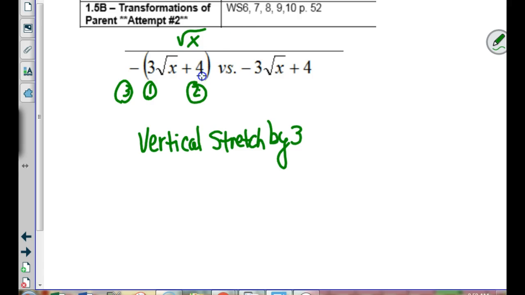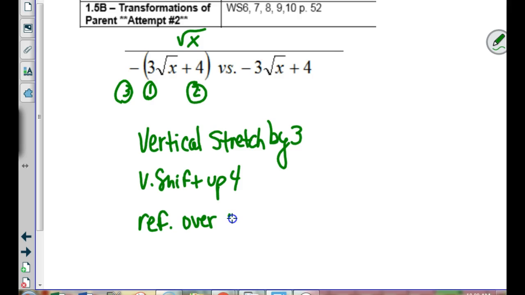So it's not under the radical. So it's a vertical shift up 4. And then what does this opposite do out in front of the whole thing? It reflects it over which axis? It reflects it upside down, so that's over the x-axis.